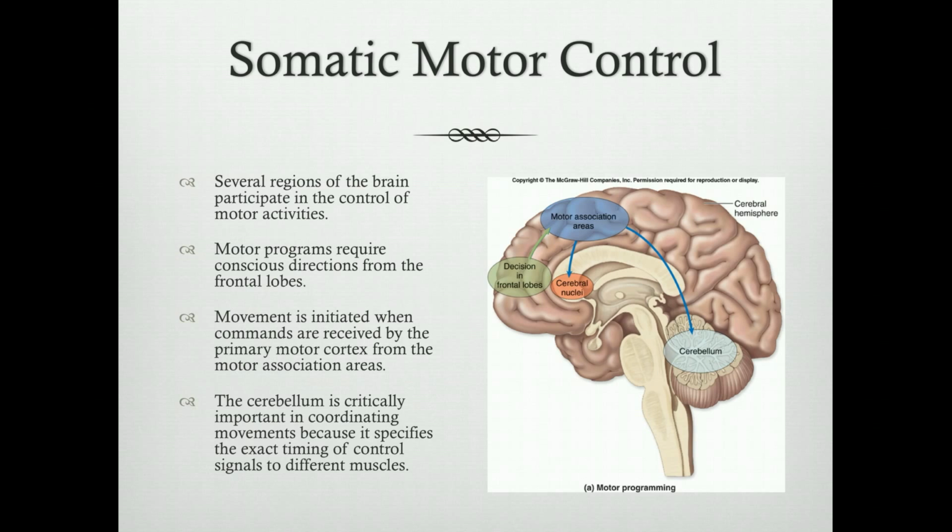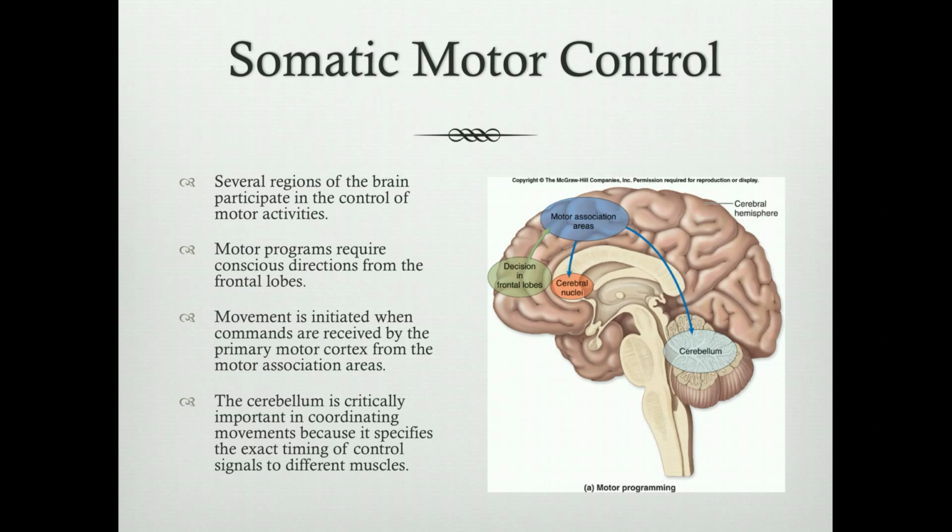Now, movement is initiated when commands are received from the primary motor cortex, right? So we're talking about, again, the motor association areas within the primary motor cortex, just anterior to the central sulcus.